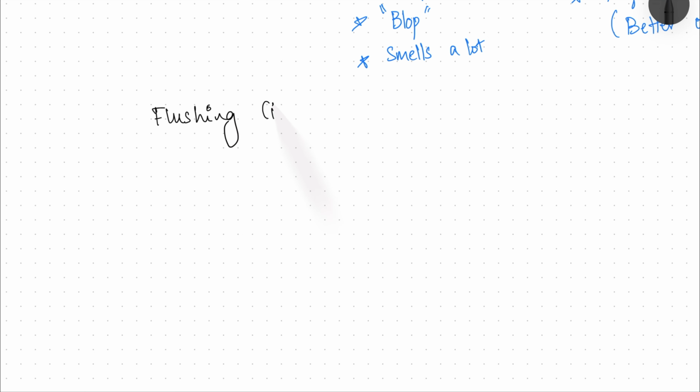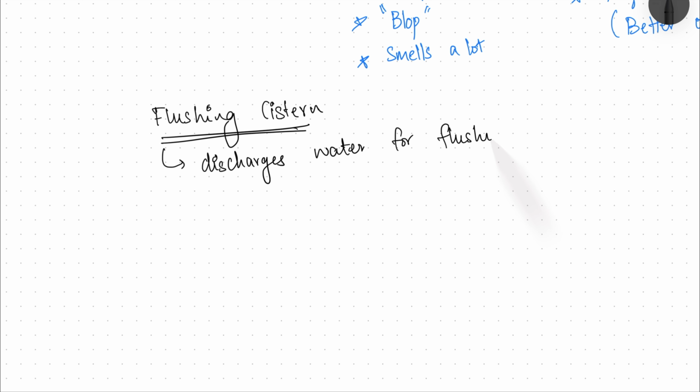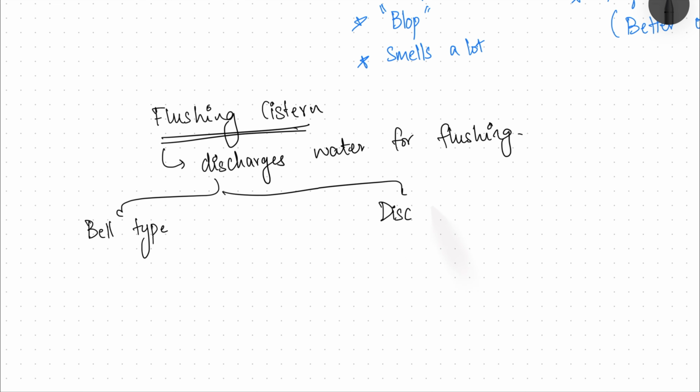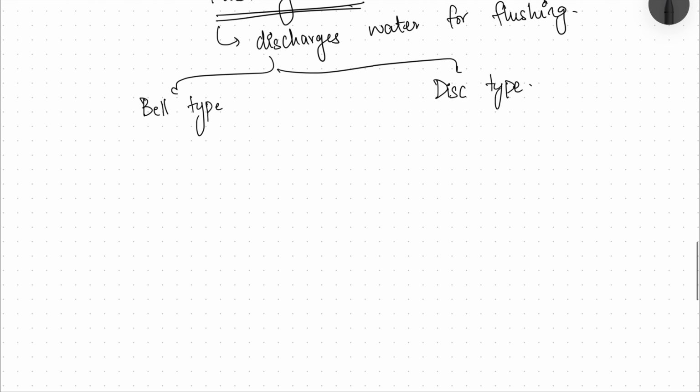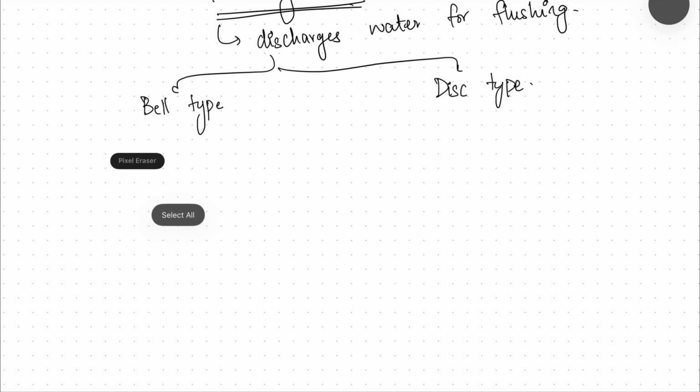A flushing cistern is basically the device or tank which discharges water for flushing when you flush. Again, it is of two types. One is bell type and the other is disc type. Bell type is the older version.